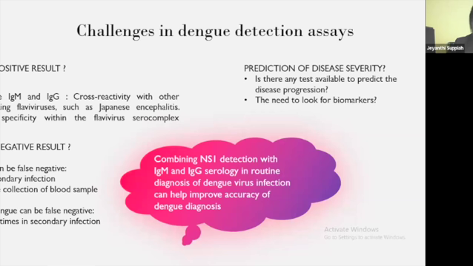I don't think we have any commercially available test kits to do that. So which means we need to look for new biomarkers in this area. So right now, what is best is combining the NS1 detection with IgM, IgG serology in routine diagnosis of dengue infection can help to improve accuracy of the dengue diagnosis.